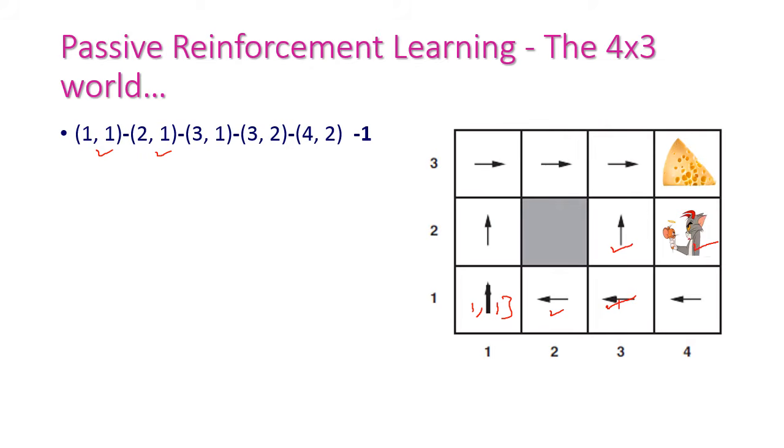Once it reaches 4 comma 2, the program will terminate with a failure message. So by using so many trials, the agent will learn the route from the starting state to the goal state with maximum reward.